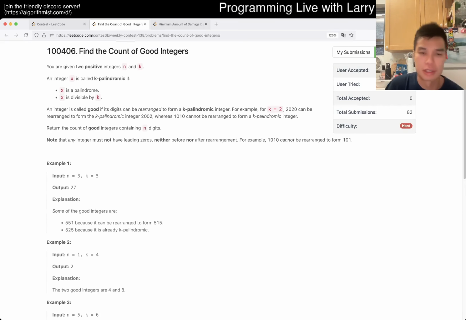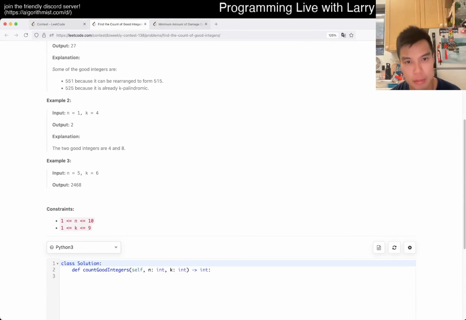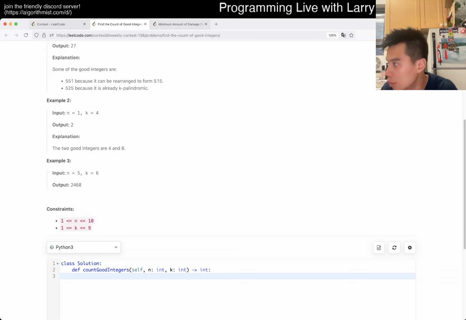An integer is good if it can be rearranged. Oh, okay, let me think about it.